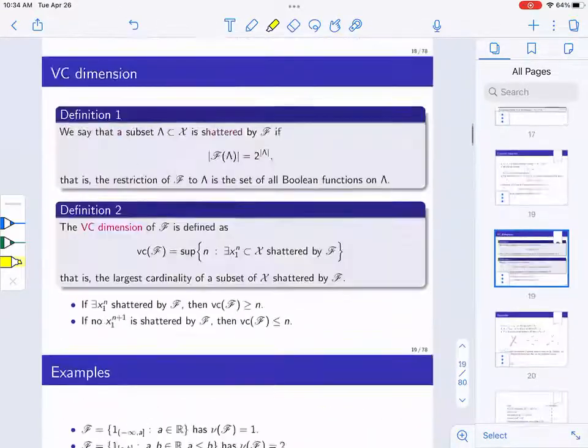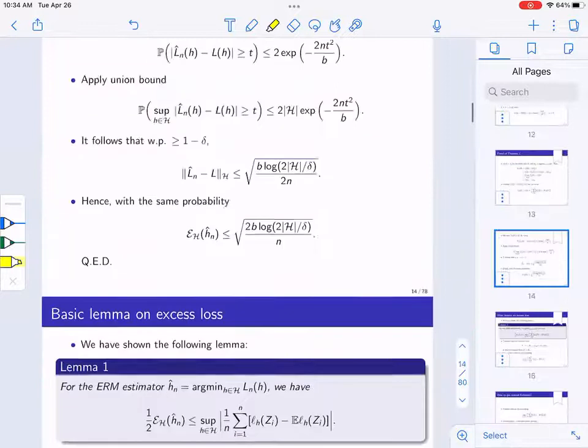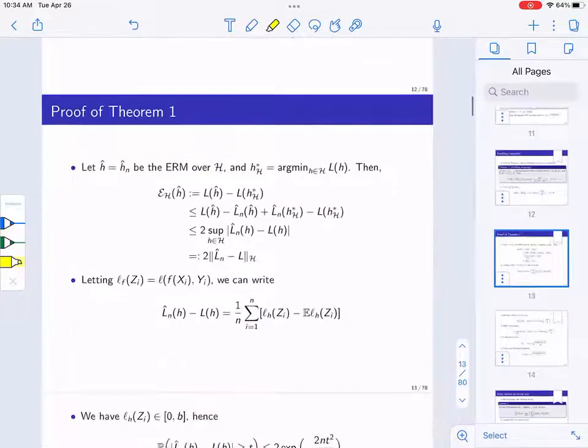If you go way back, the way we did this was the basic inequality argument. This is the population loss of h hat minus the best in class, and then we added and subtracted L hat n.